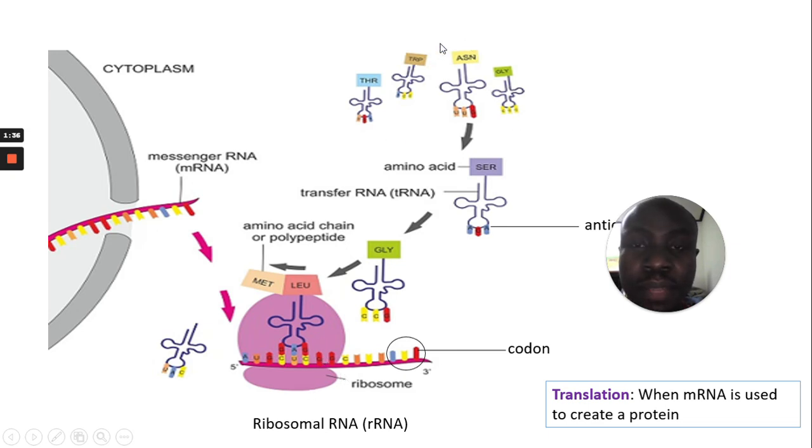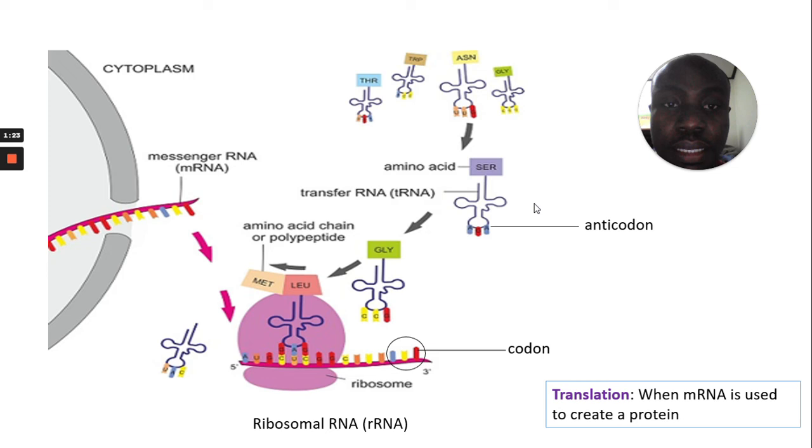Inside the cytoplasm, we have another type of RNA called the transfer RNA or tRNA. This is a picture of a transfer RNA. Now, transfer RNAs carry amino acids, and different transfer RNAs carry different amino acids.